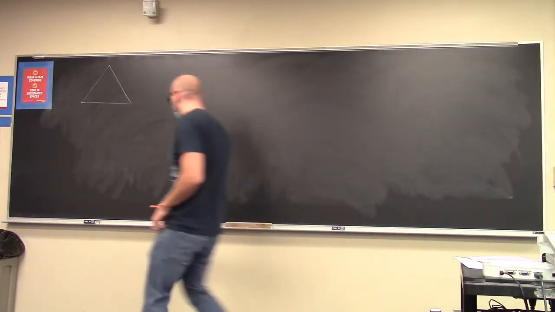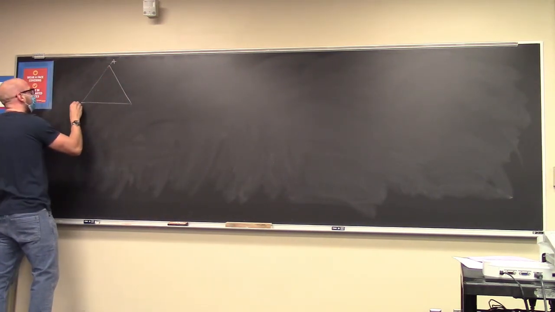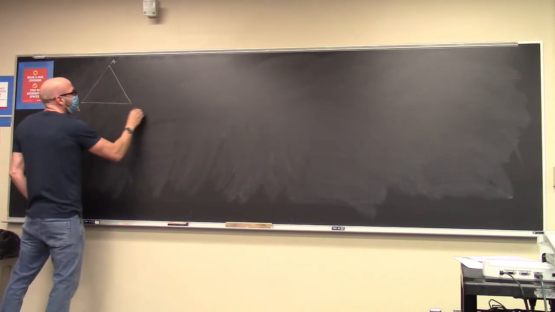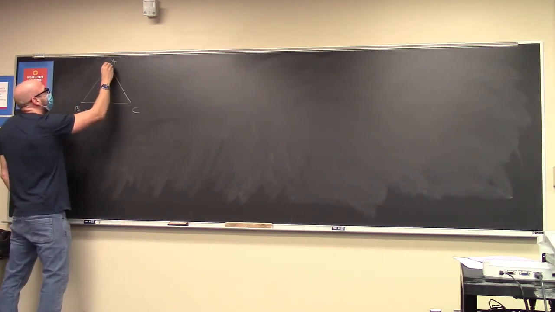So there's a little bit of work to do here, but we'll take triangle ABC, as we always do. And I'm going to drop in the angle bisector.